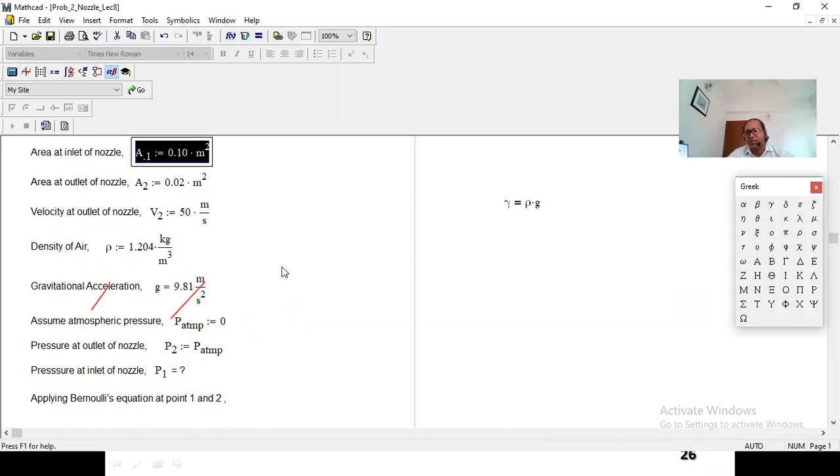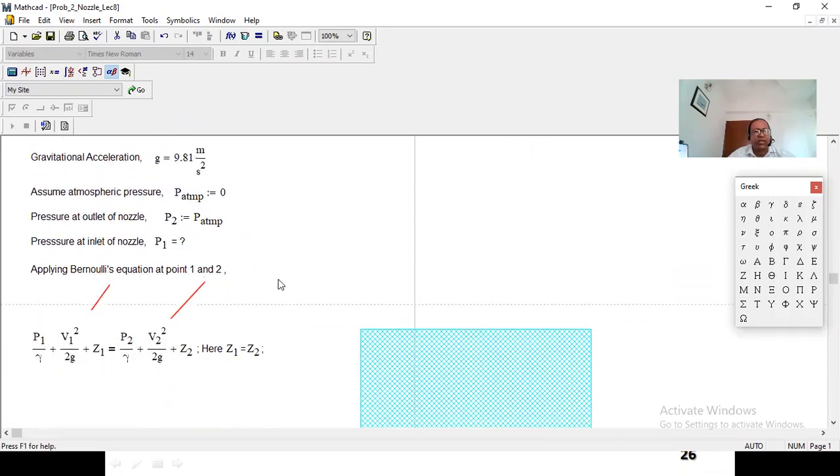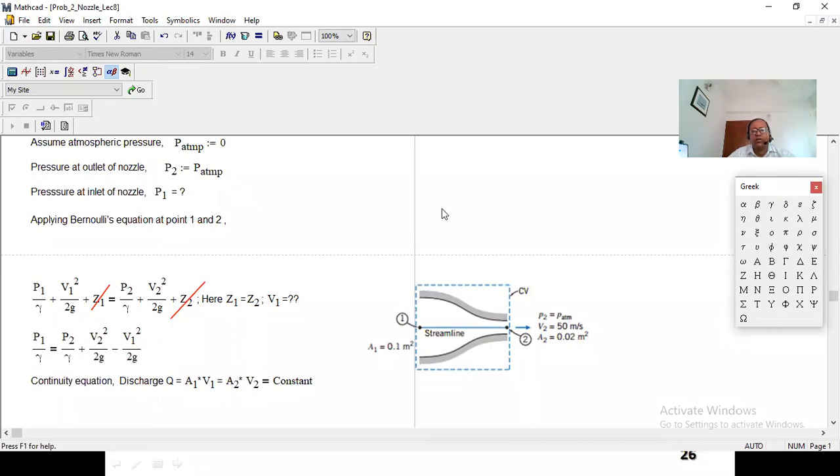V1 is unknown, but we can figure out the V1 because we know the continuity equation that Q equal to A1 into V1 equal to A2 into V2.